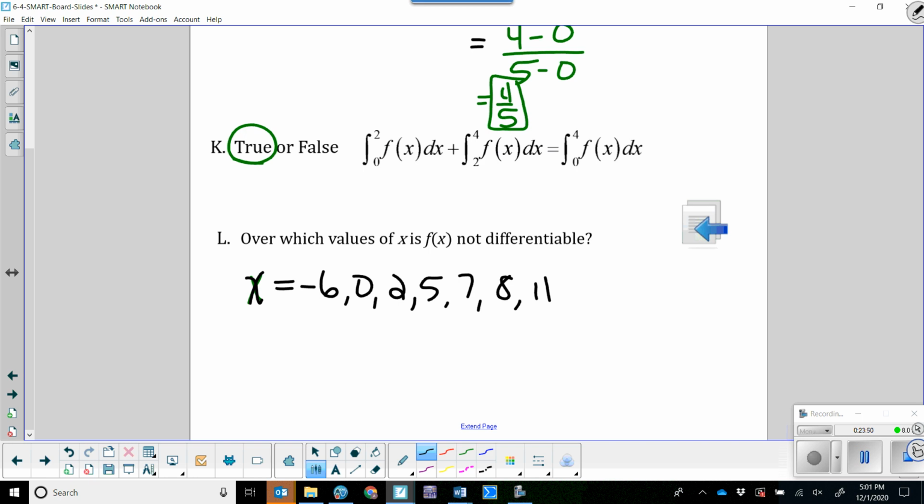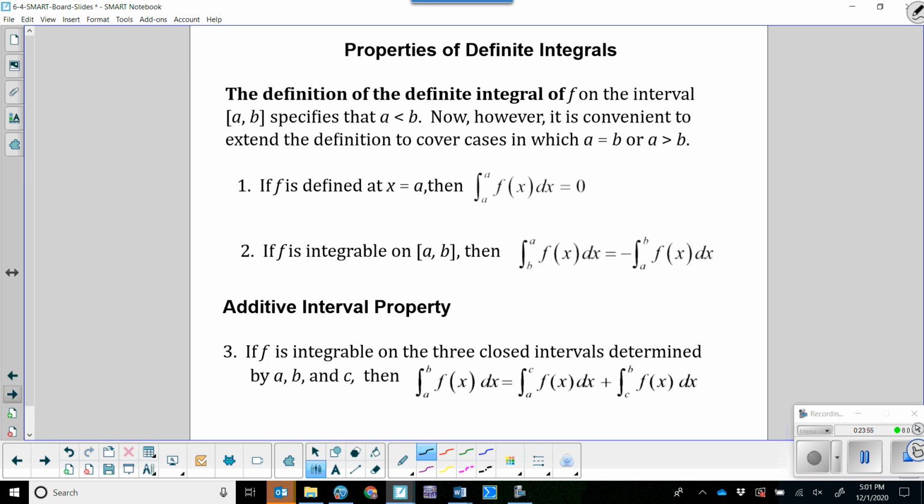Okay. So let's go ahead and look at the properties that we just discovered by the things that we just did. So the definition of the definite integral, if we extend that, here's one of our properties: if f is defined, so we have to have a function there, and we take the integral from a to a of f of x dx, we're going to get 0.